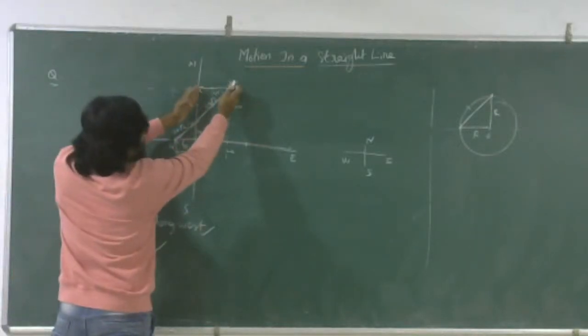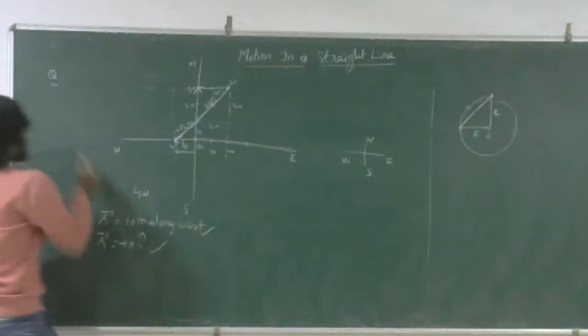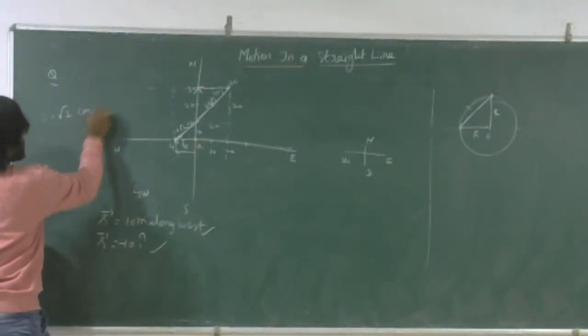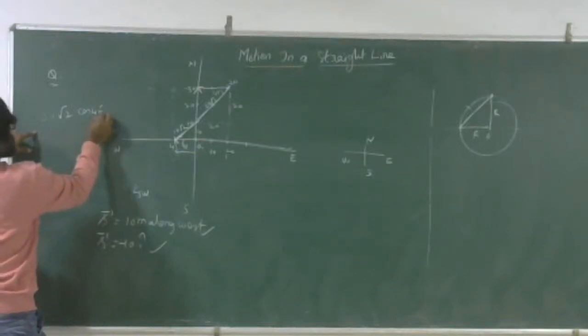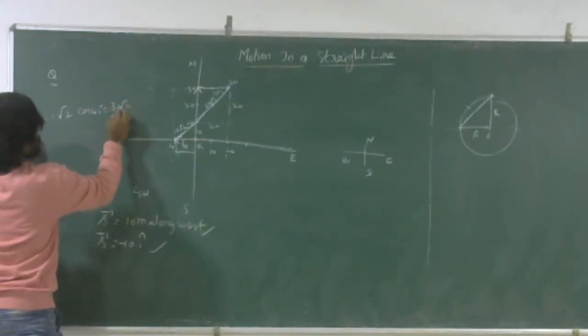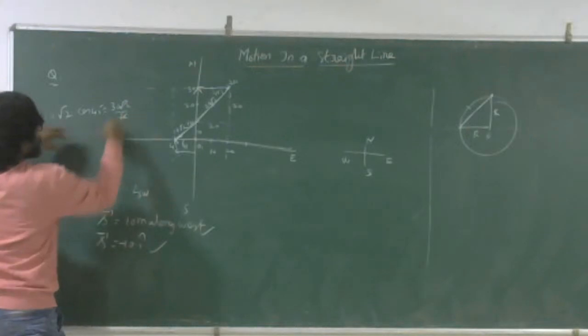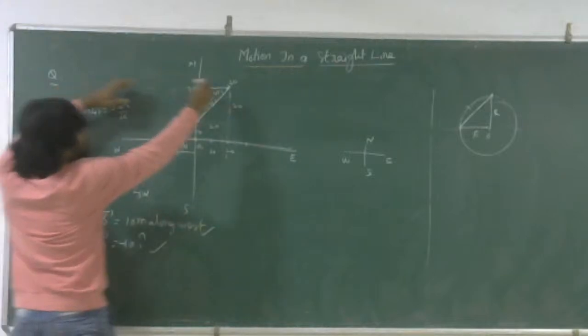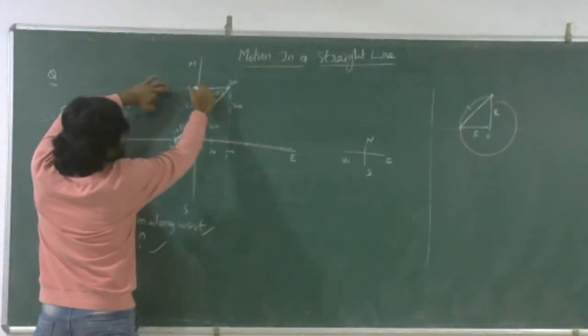Cos 45 is 1 by root 2, so this is equal to 30 root 2 by root 2. So root 2 cancels, and we get 30. Then this component will be 30 in negative x direction. This is 20, 30 means here minus 10.